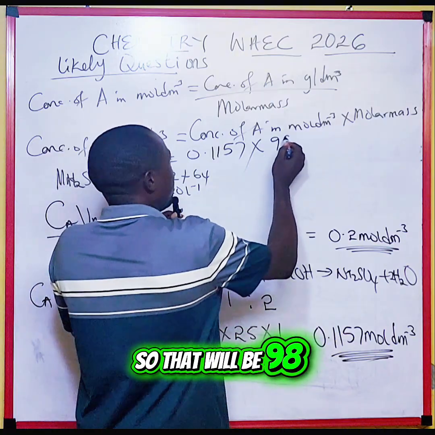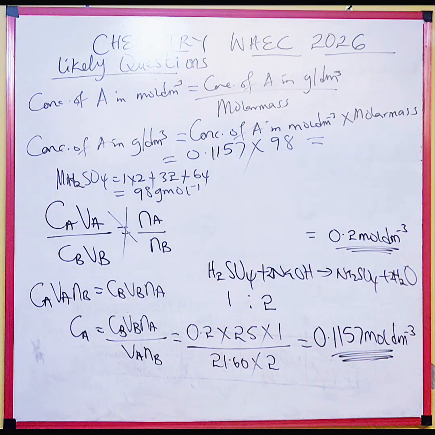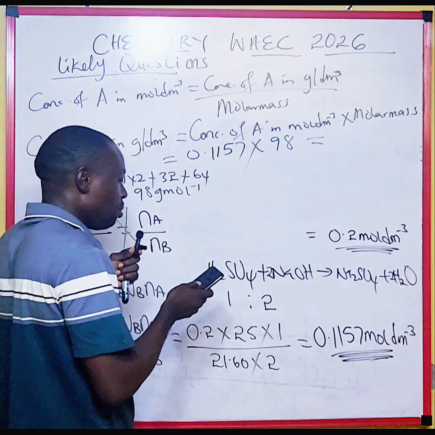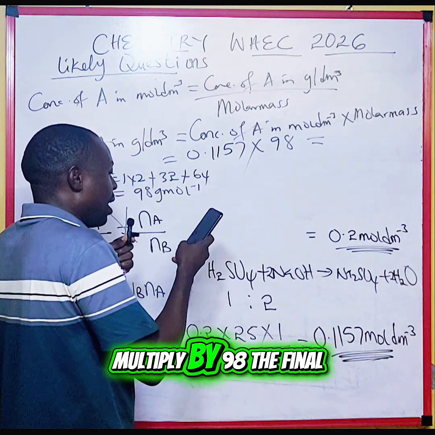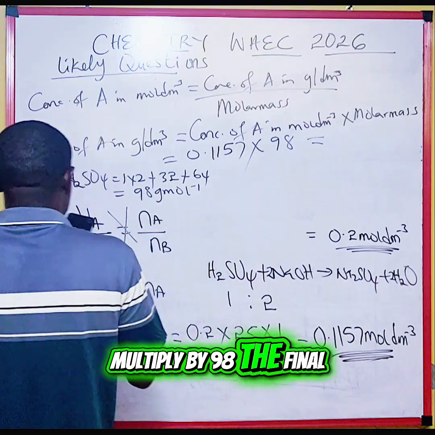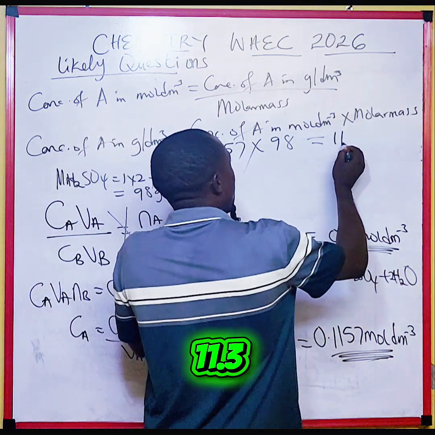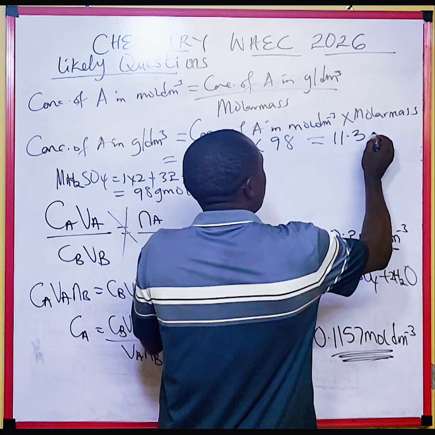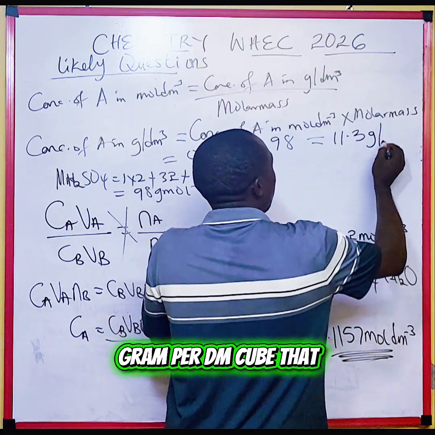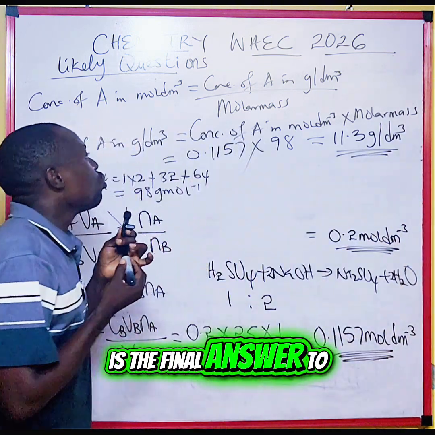So here it will be 98. Final answer becomes 0.1157 multiplied by 98. The final answer will give me 11.3 gram per dm cube. That is the final answer to this question.